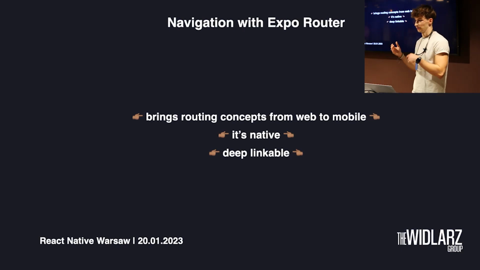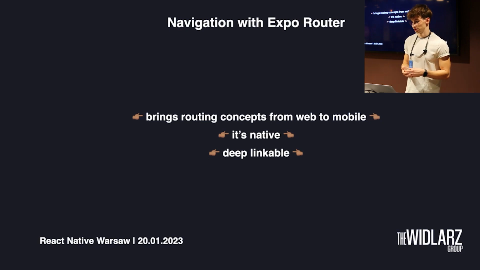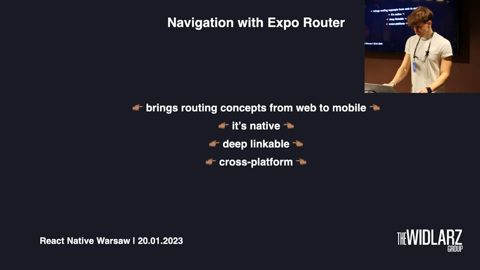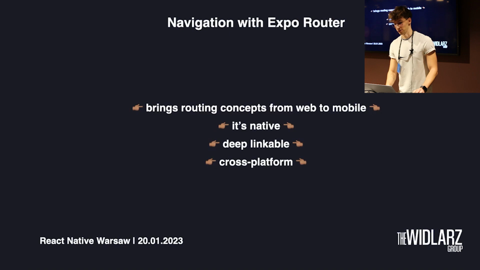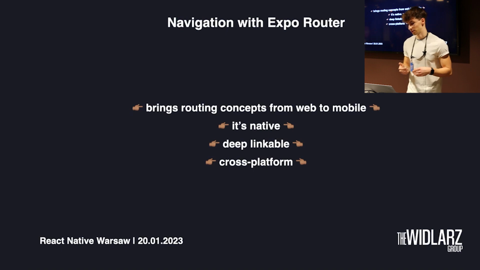It's done automatically. The only thing you need to take care of is to define a URL scheme or set up universal links or app links, but the rest is done automatically. And obviously, it's a cross-platform solution. I guess these four are the main characteristics of the library.